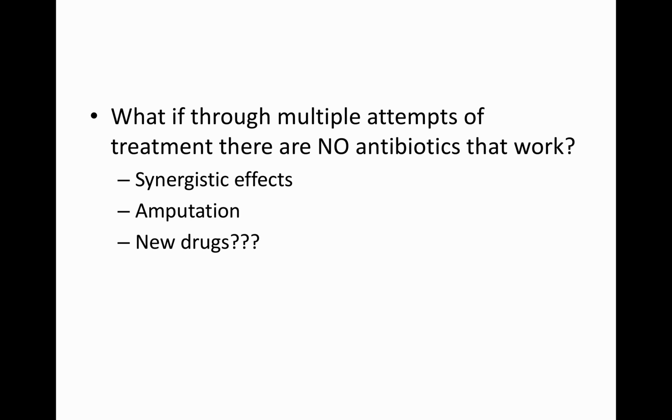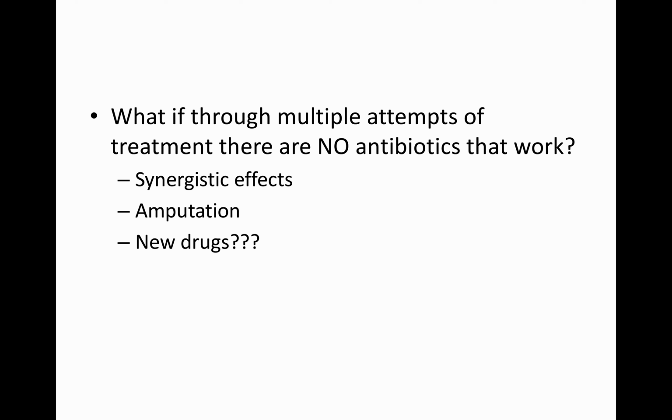One of the things that the doctors looked at were synergistic effects, so combining antibiotics to have a greater effect than either one of them alone. Amputation, removal of the infected tissue, would be another strategy. New drugs, potentially.